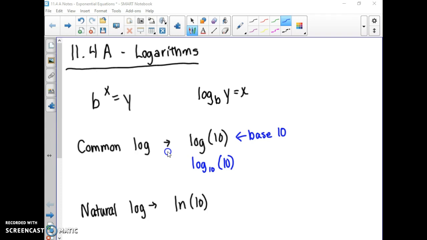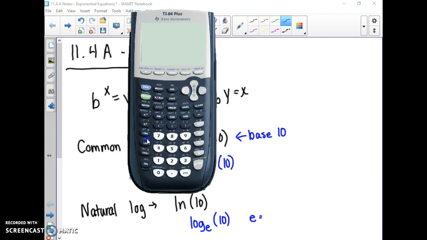Whenever we see ln, that stands for natural log, and that is log base e. E is a number, sort of like pi in a way. If you type it into your calculator, the e is above the natural log, so let's go back to the main page, second, natural log, e.